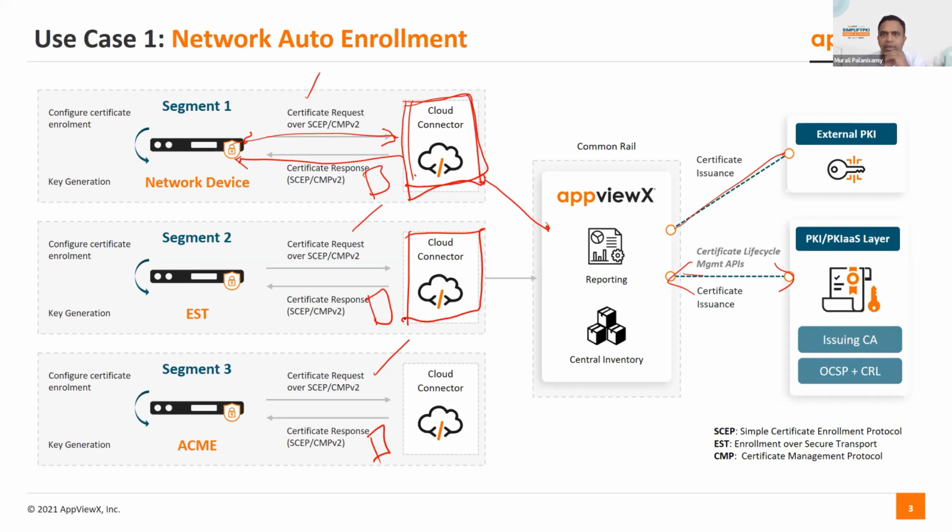But if there is a need where you are looking to consolidate, or if you're looking to have a common rail of common services and then keep the segments separate, you have the option of achieving that as well. Now, in this particular aspect, you have the option of using the PKI or the issuer separately.